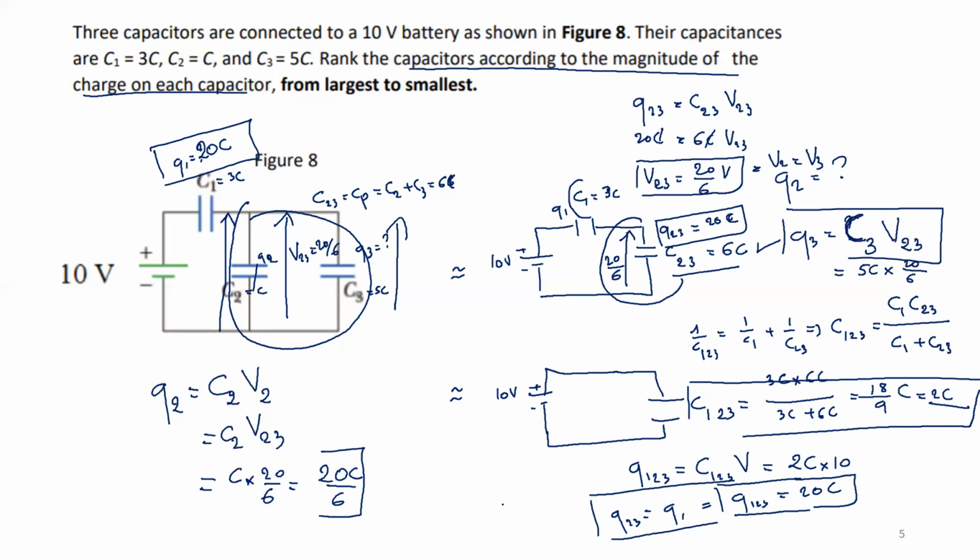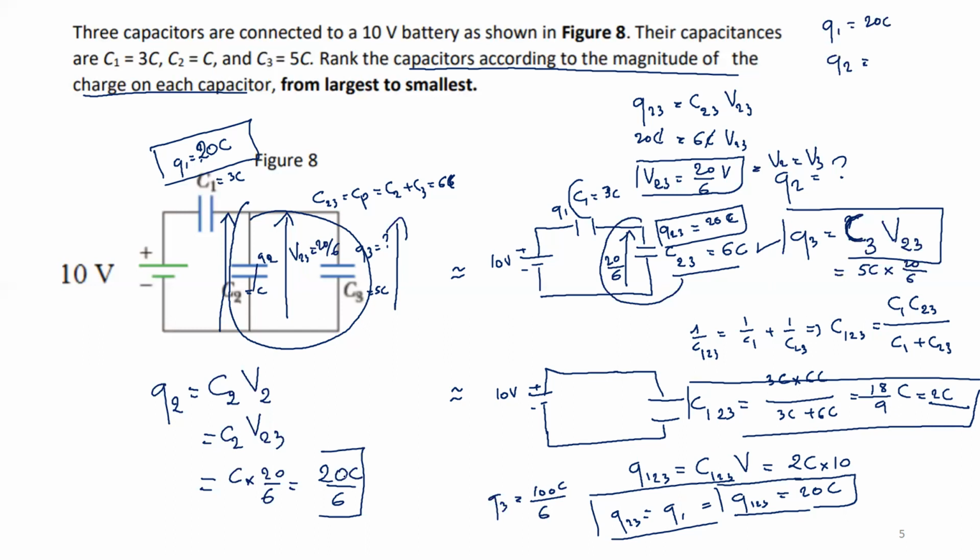So Q3 will be just 100C divided by 6. Okay. So bottom line, Q1 is equal to 20C.